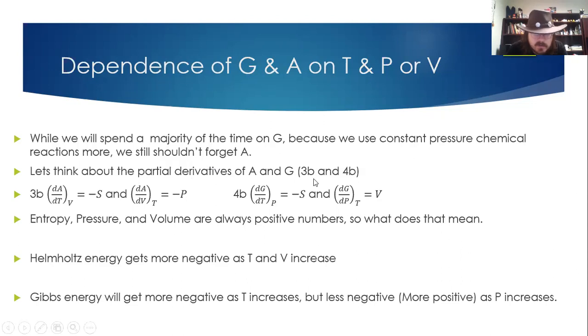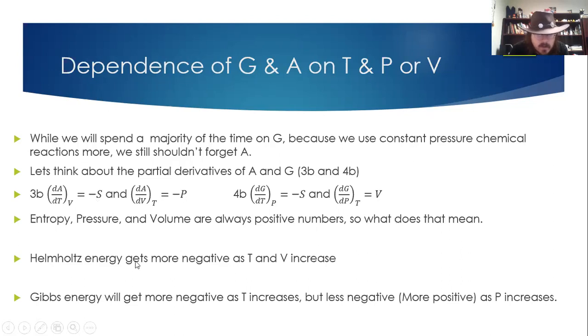So let's think about these partial differentials. A and G from 3B and 4B. That's saying that, if I hold volume constant, so change in volume is zero, then the change with temperature is going to be negative entropy. And changing volume at constant temperature is negative pressure. Same thing, negative entropy and volume. So if entropy, pressure, and volume are always positive numbers, what does this mean?